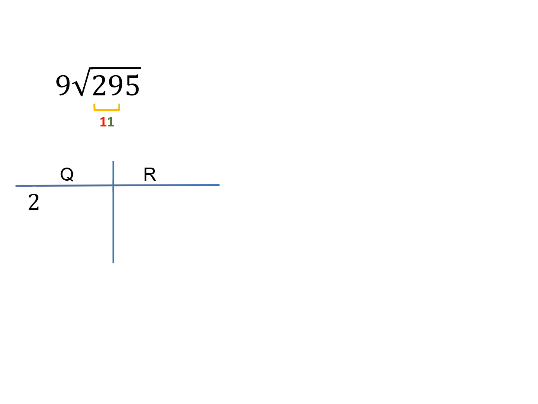Now we will add the tens digit of our answer to 2. So 2 plus 1 is equal to 3. 3 is the first digit of our quotient. What about the second digit?